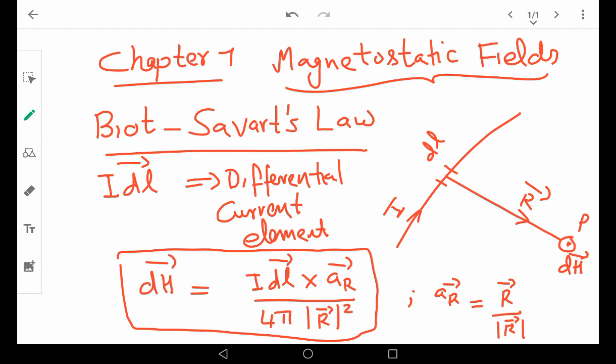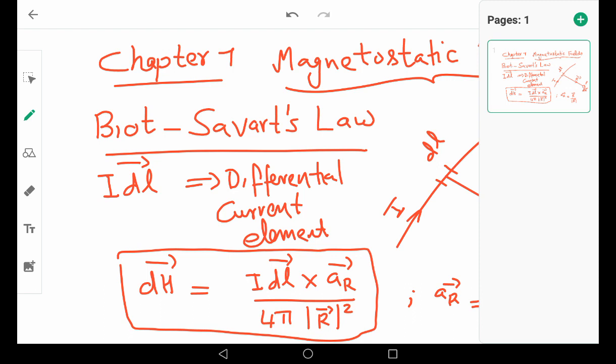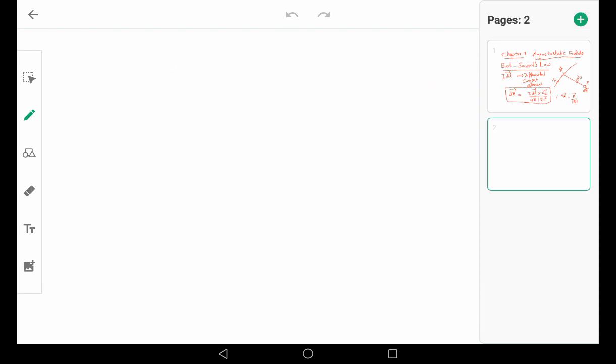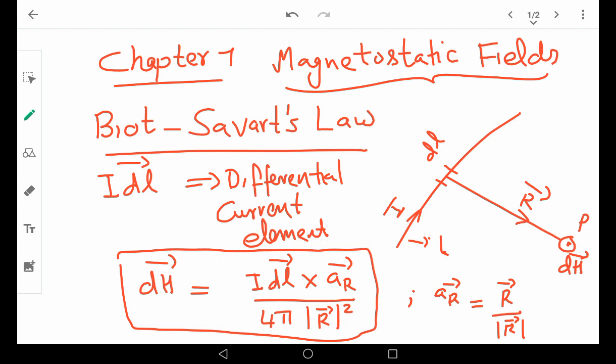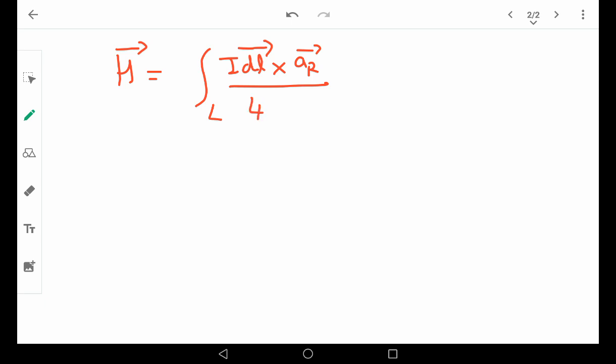Now, if we want to find out the magnetic field due to the whole wire, you simply have to integrate it over the whole length of the wire L. Then you can write the total magnetic field H equal to the integral over the whole length L of Idl cross aR divided by 4 pi into magnitude of R square.